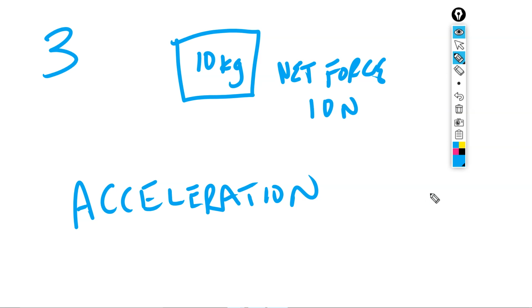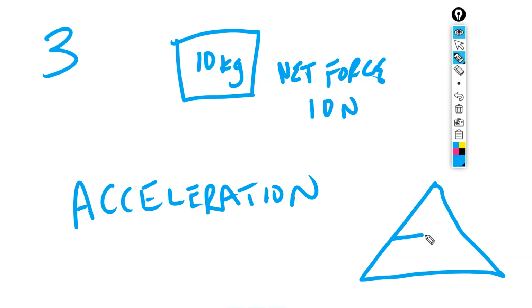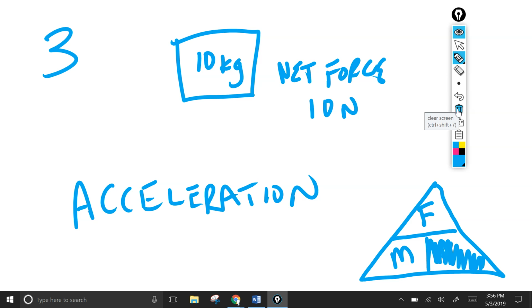And the triangle for force, mass, and acceleration is this. Net force equals mass times acceleration. So then we know for solving for acceleration, we would be left with force divided by mass. So turn in the answers to those with the appropriate units into the tray, and then take your quizzes.